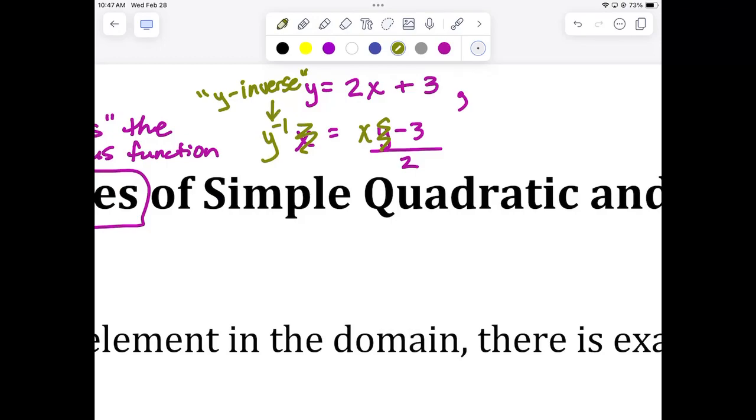The reason we change it back to x is because with functions, we always let x be our input. So the old output of 13 is now my new input of 13, and I get back to where I started. So this y and this y inverse form a pair of functions that undo each other.